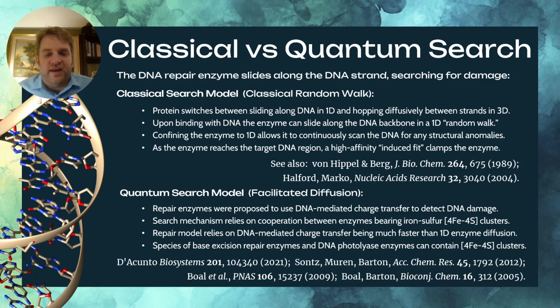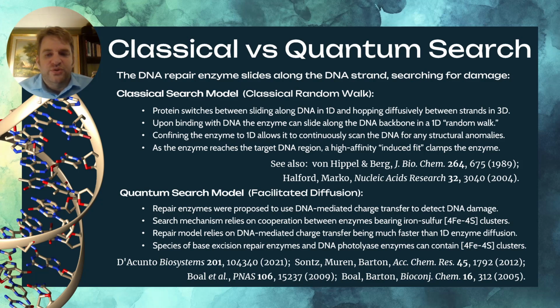Now, confining the enzyme to that one-dimensional pathway along the DNA strand where it can only go forward or back, it can continuously scan for any structural anomalies, and if the enzyme reaches a target DNA region, the high affinity basically allows it to clamp to the enzyme at the place of damage.